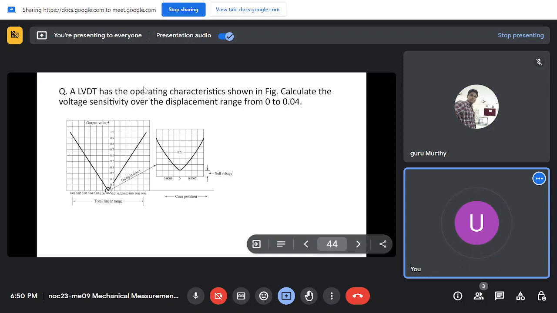So moving on, the problem given is: an LVDT has the operating characteristics shown in the figure. So an operating characteristic of an LVDT is shown in the figure. We've been asked to calculate the voltage sensitivity over the displacement range from 0 to 0.04.